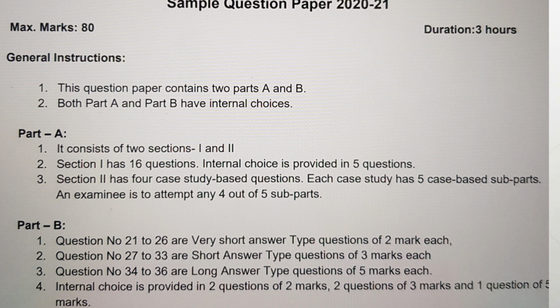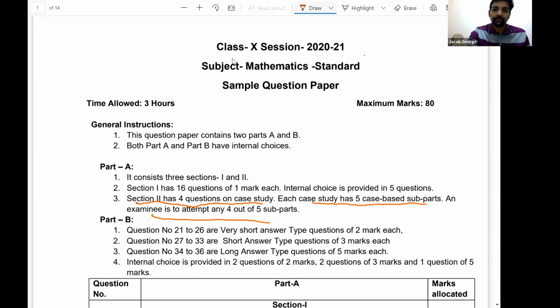So in this video, I'm going to discuss the case study questions of the standard sample question paper 2021 provided by CBSE. Question numbers 17, 18, 19 and 20 are the case study questions. All 4 case study questions are compulsory, each with 5 subparts.